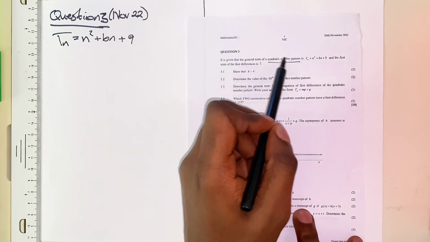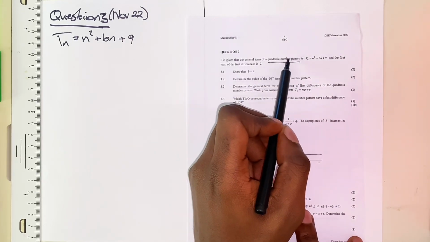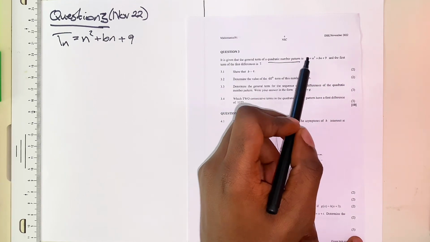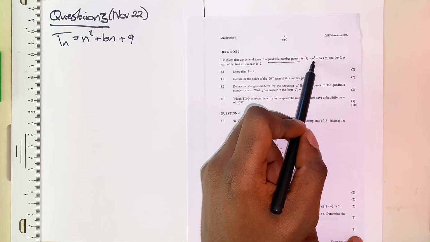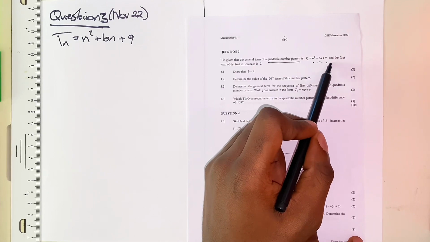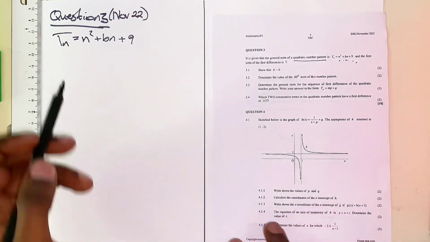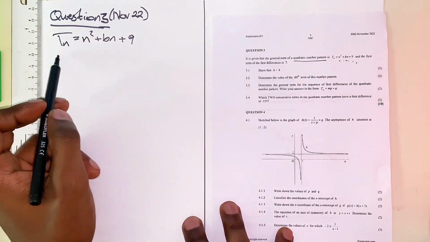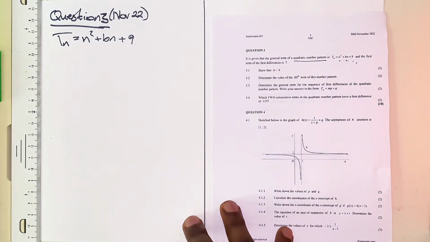Remember that for a quadratic number pattern, the second difference must be common, and the equation is given by an squared plus bn plus c. So we know our general formula for our pattern, so we don't need to find the actual terms of the pattern.